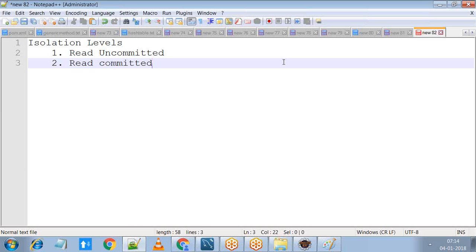So this way, you will find that a transaction which is updating the record will have exclusive read lock, but not write lock again.